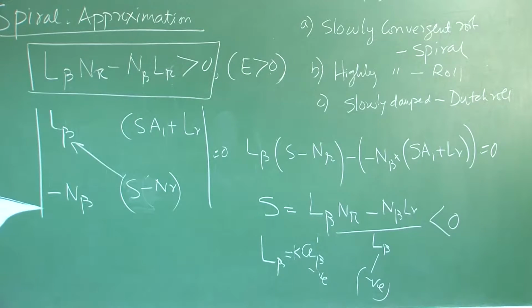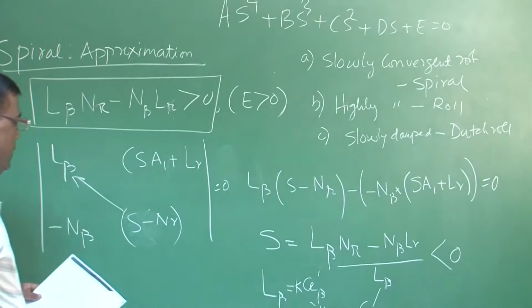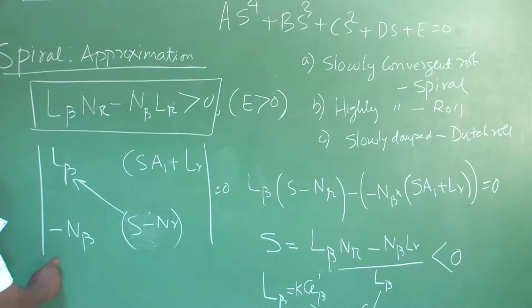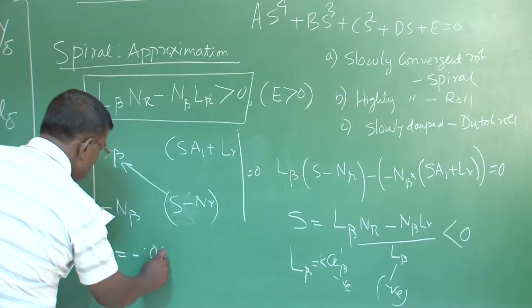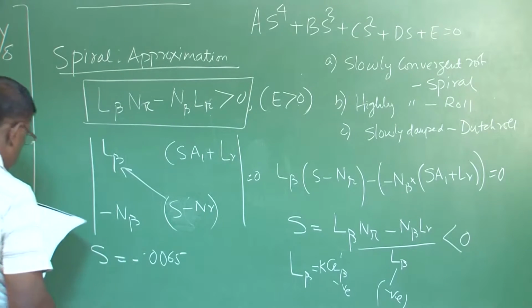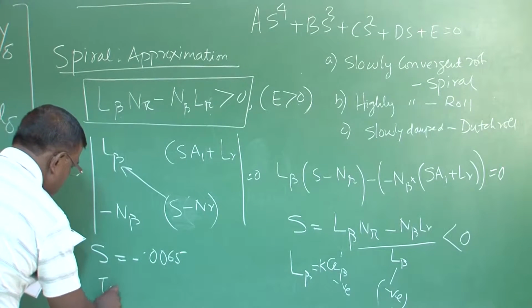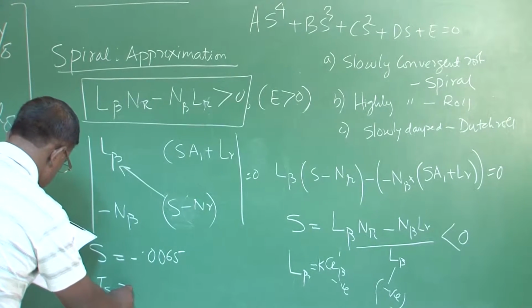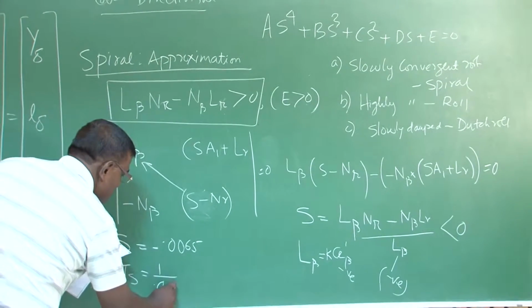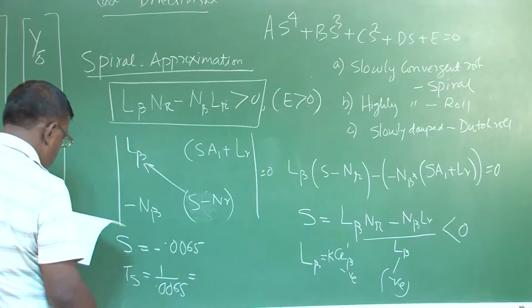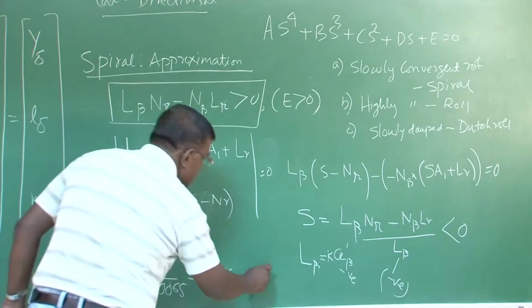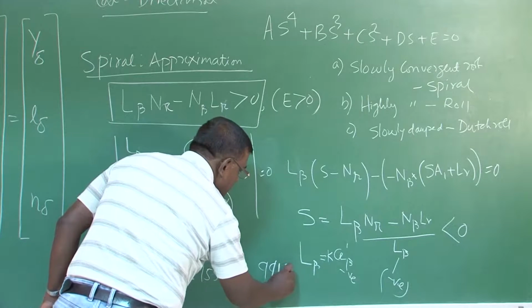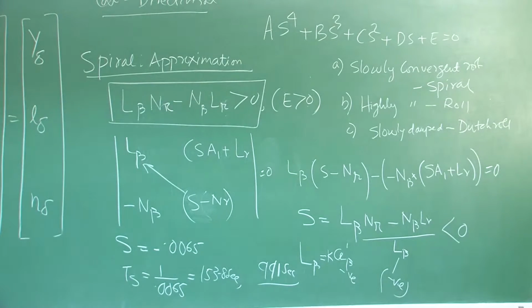So if we do an approximation with the data which we have used, last example for this airplane, then you get the value of s as minus 0.0065, which means Ts is 1 by s, so that will be 1 by 0.0065, and this is equal to 153.8 seconds. But the exact solution was 991 seconds. Do you see how much different?